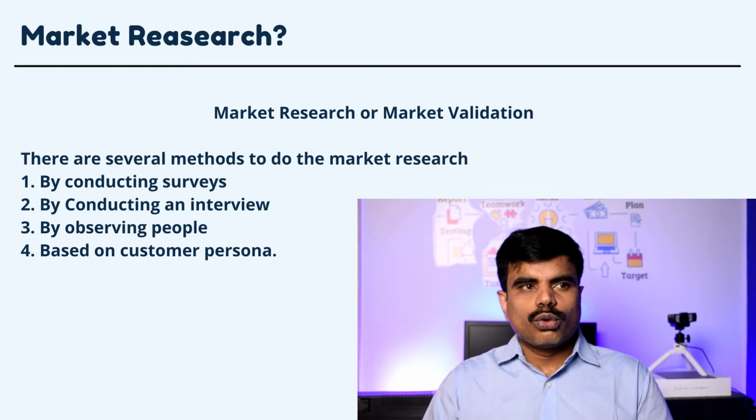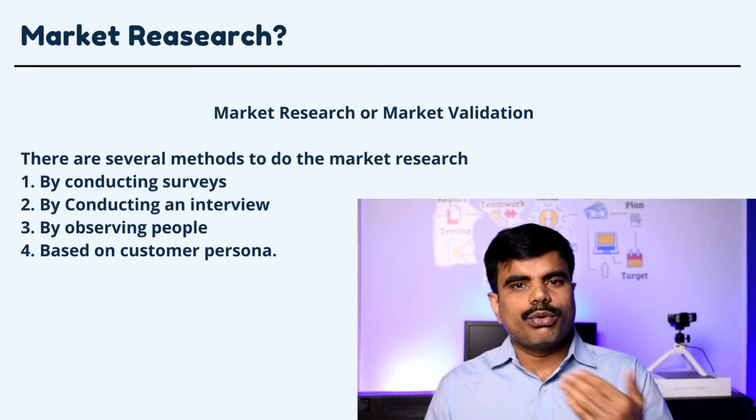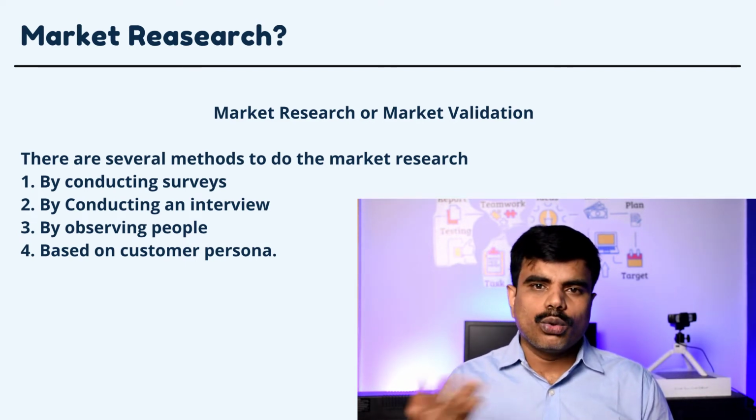Now see what types of market research there are. There are many kinds of market research, and I am going to discuss a few of them. The first one is conducting surveys. You can do it either digitally or offline.